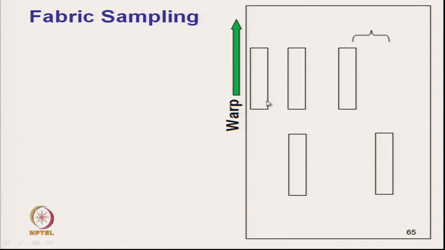So, this is one sample. If I want to take this sample, is it correct? This is not correct. Why? Because this sample is at the edge of the fabric, very close to the selvage. So, this is not acceptable.